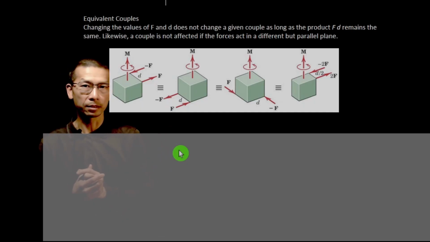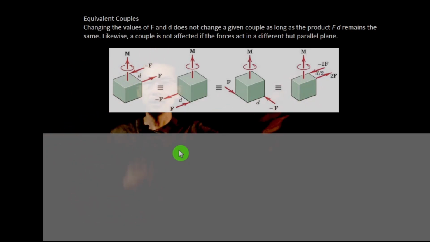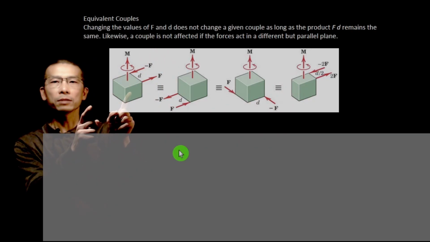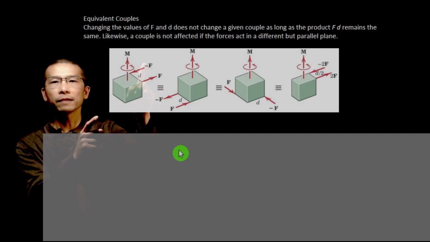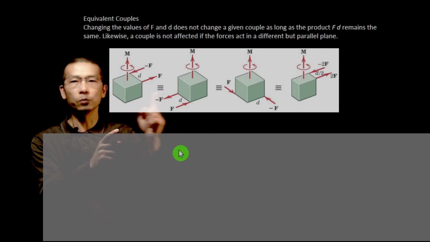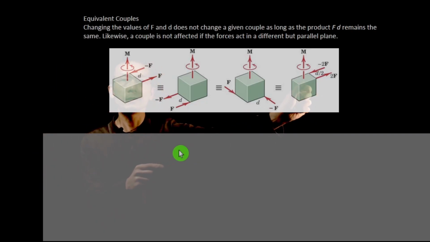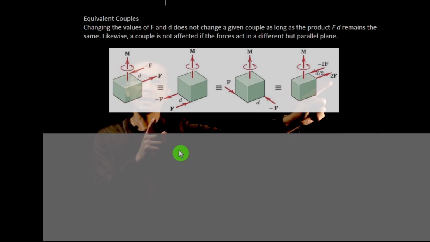What does that mean? So let's say changing the value of F and d. In this case, if we compare this one, you see positive F and negative F give us the moment, right? This one, even though d, the distance, is halved, so d is changed, and now 2F, F is doubled.